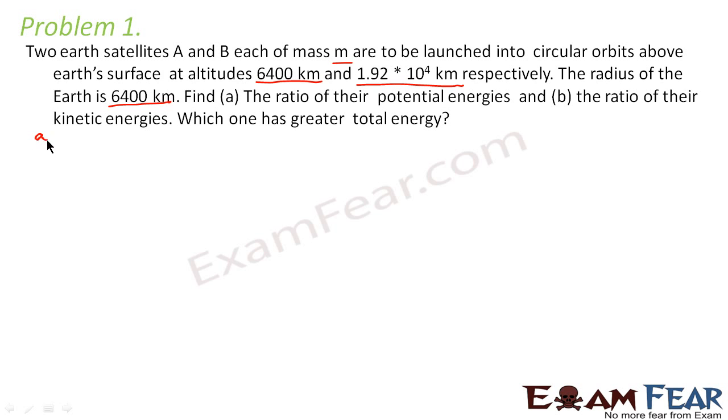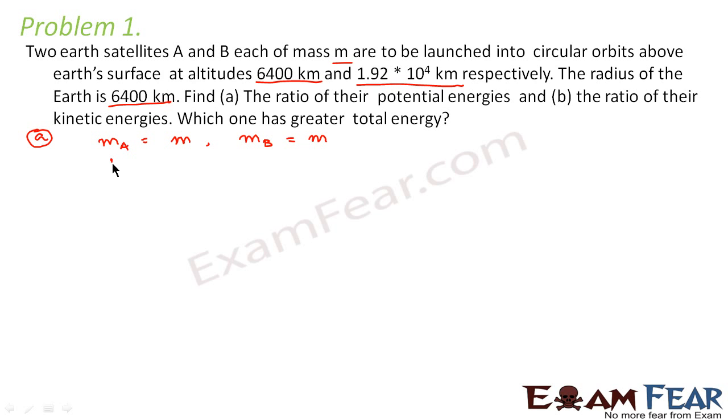So let us first consider the first part. The first part asks us to find out the ratio of their potential energies. So what all is given here? Mass of A, the first satellite, is m. Mass of the second satellite B is also equal to m. Now they are launched in circular orbits above Earth's surface at altitudes 6,400 kilometers and 1.92 × 10^4 kilometers.